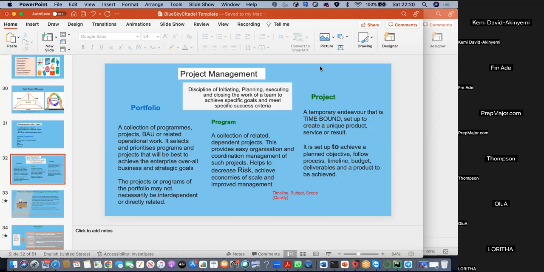Specialists in their different fields. But these are all going to be within the same program. The entire house itself is a program, but there are projects within it. Do you get it? Now, those projects cannot just stand alone by themselves.